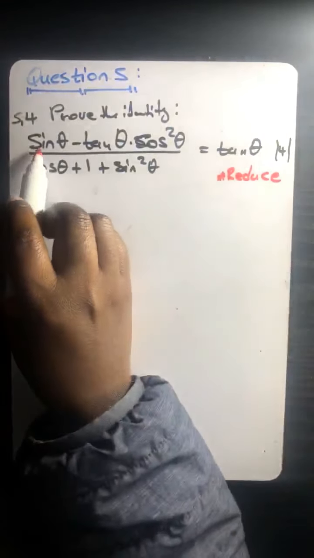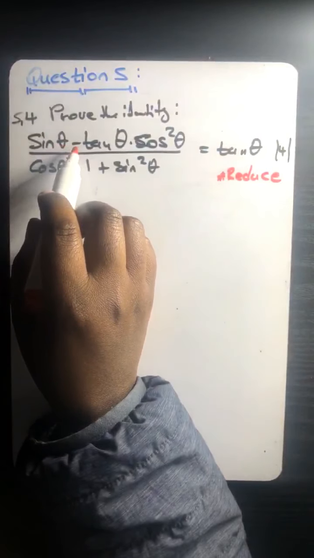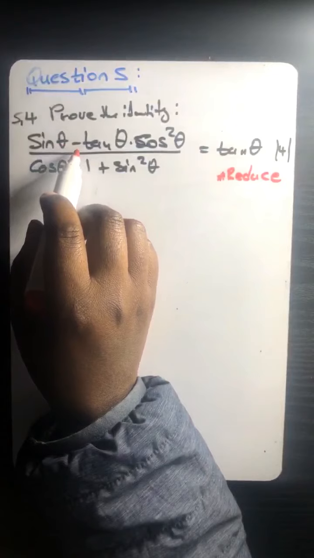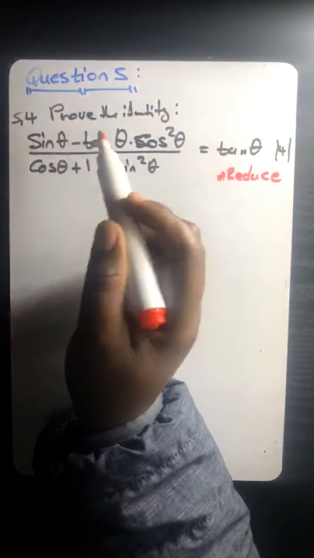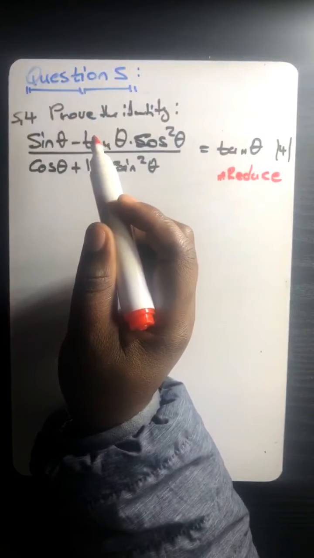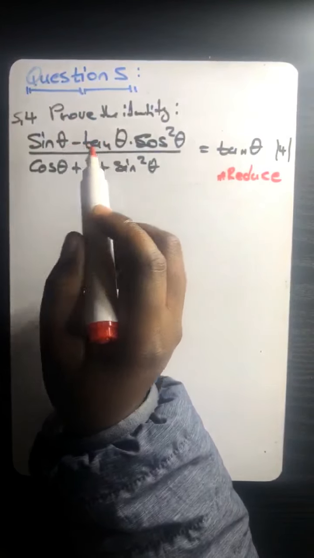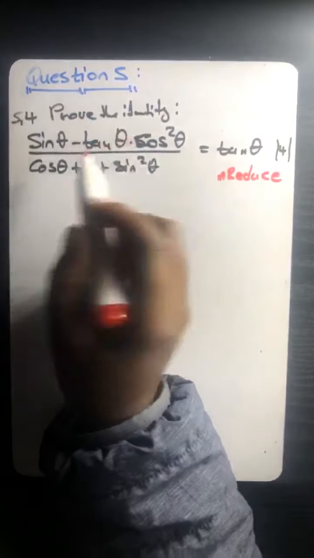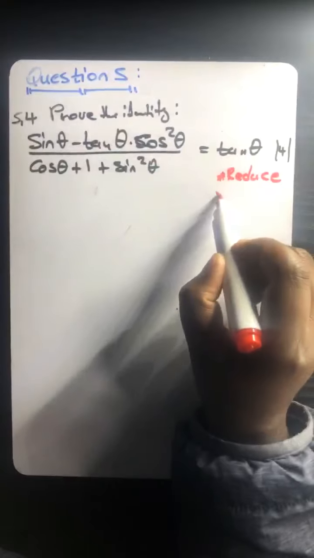That's if you have maybe sine of 180 minus, or sine of 180 plus, or sine of 360 minus, or maybe it could be tan of 90 plus whatever angle, or maybe a cos of 270 minus or plus whatever angle. Then you reduce it to an acute angle.